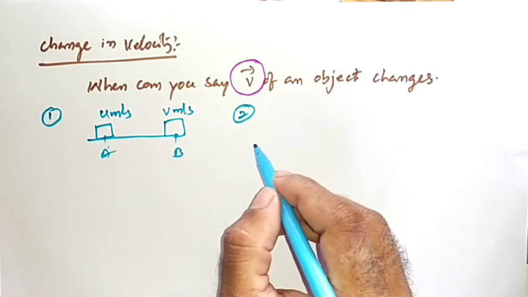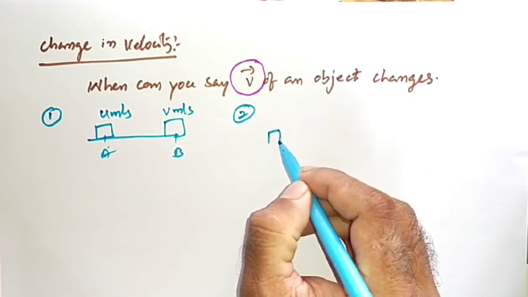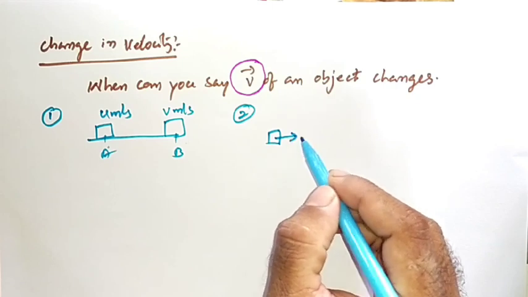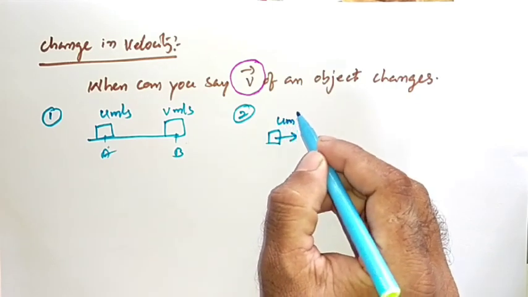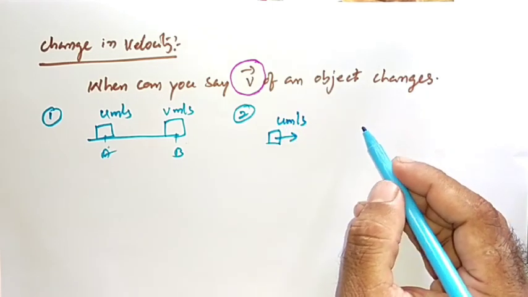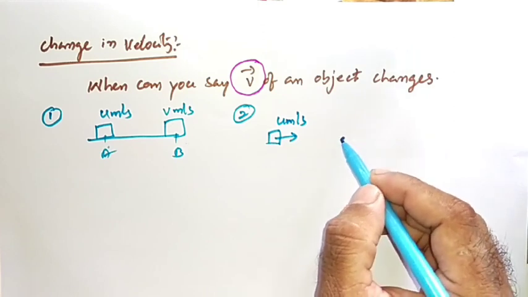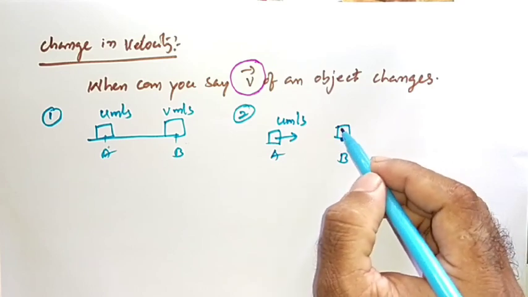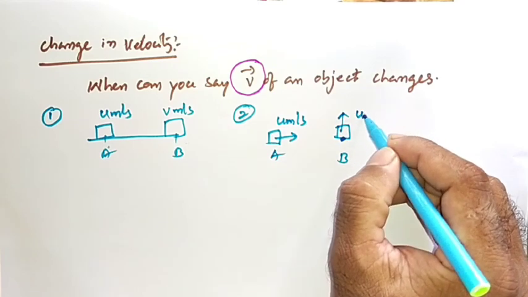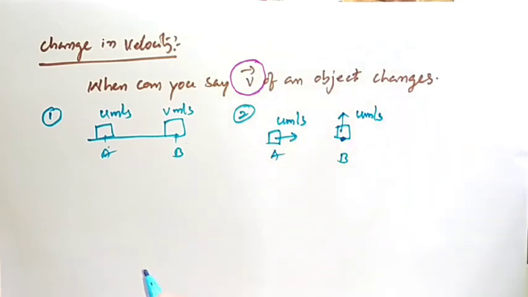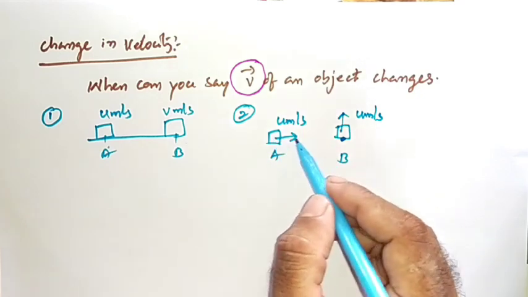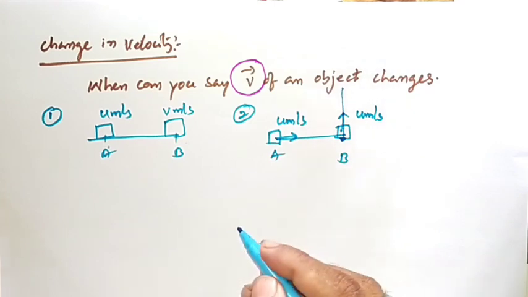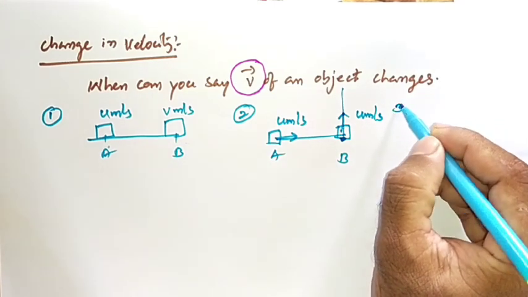In the second case, the object is moving east with a velocity u meter per second. After moving to point B, it moves towards north with u meters per second. This is the second case.